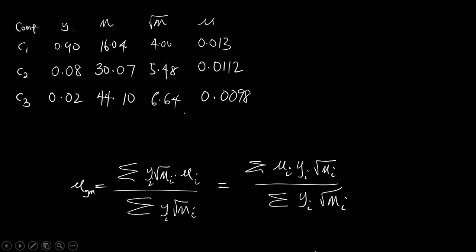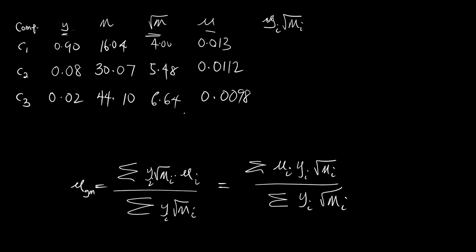So now we are going to look at this critically. We're going to multiply this and this to get this whole thing. First we multiply the mole fraction of each component times the square root of its molecular weight.